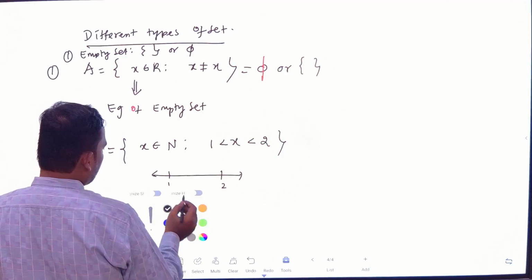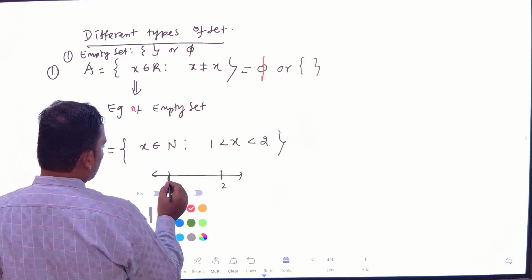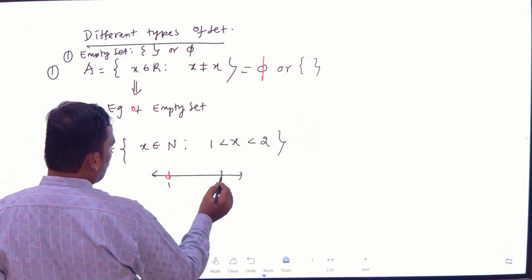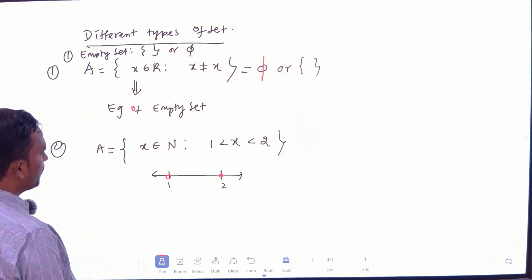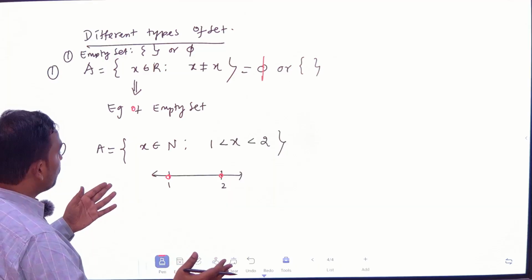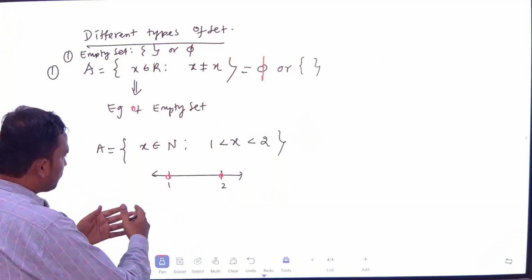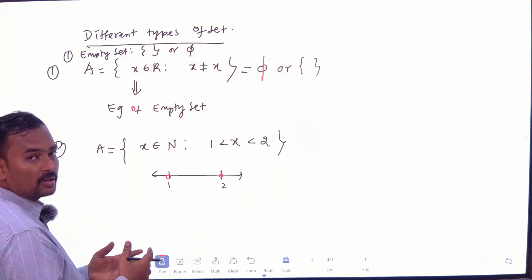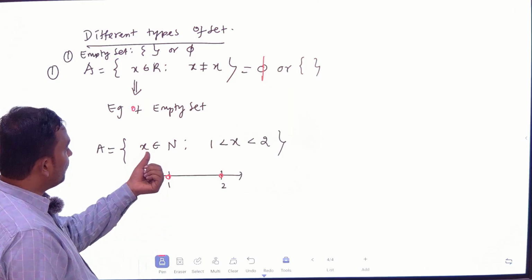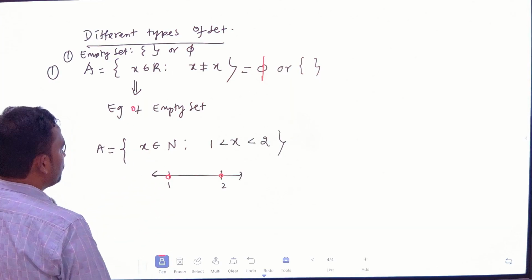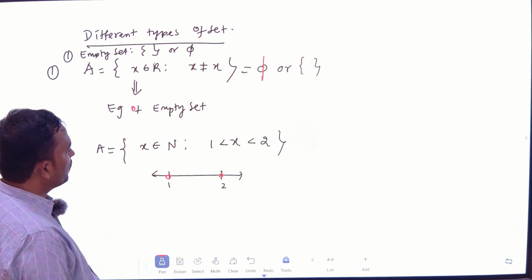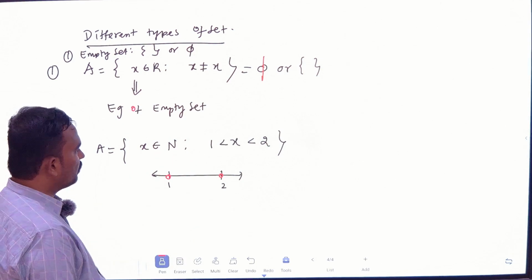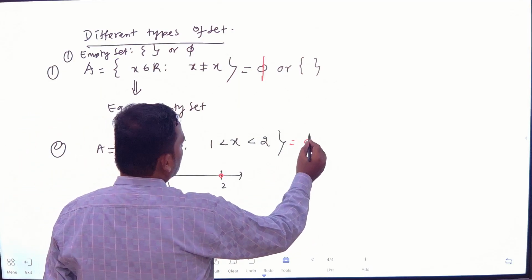The interval is a part of the real numbers, and you should not include 1 and 2 here. Any real number you take will be between 1 and 2. But here you are collecting from natural numbers, and the natural numbers start from 1 to 3, so 1 and 2 are not included. This is the empty set, right? Okay.